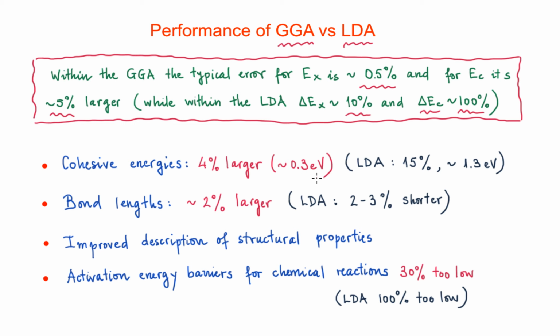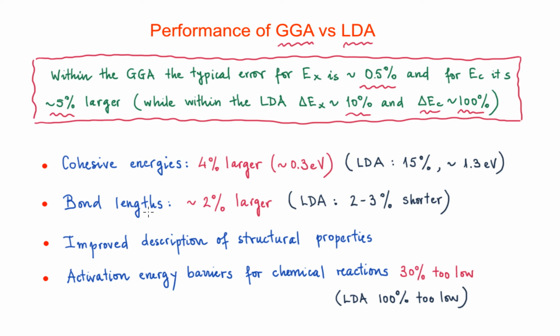It's a very good, very reasonable error, especially if you remember the error that we were making within the LDA, which was much bigger, a huge error of around 15%, with a value of around 0.3 electron volts. So the improvement within the GGA for the cohesive energies is big.